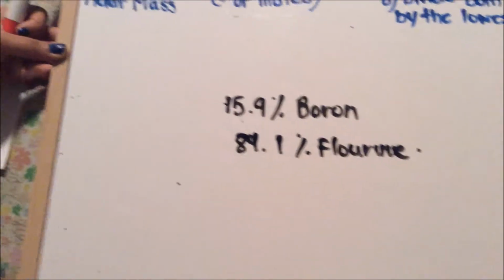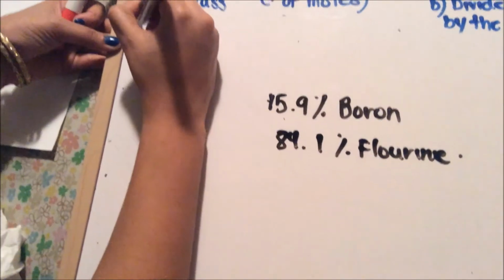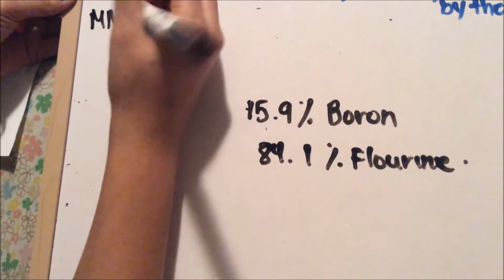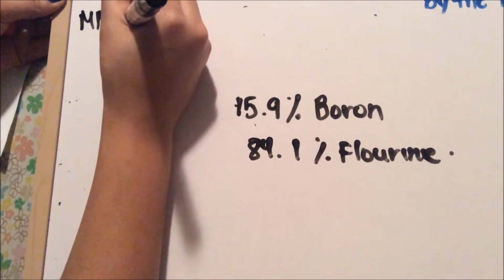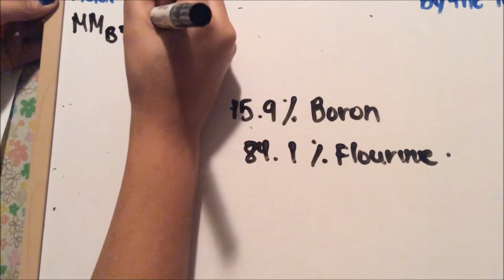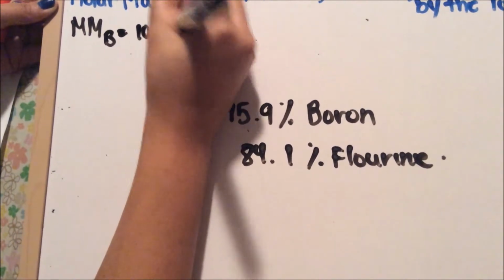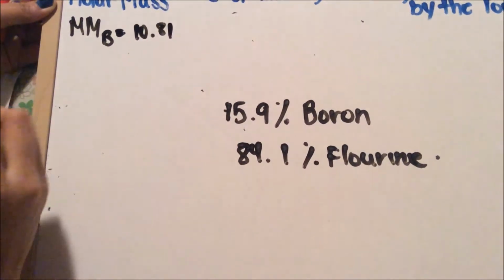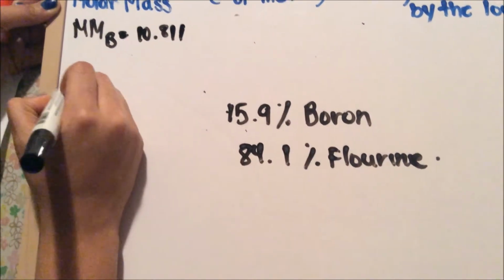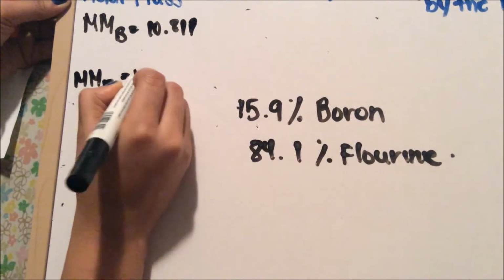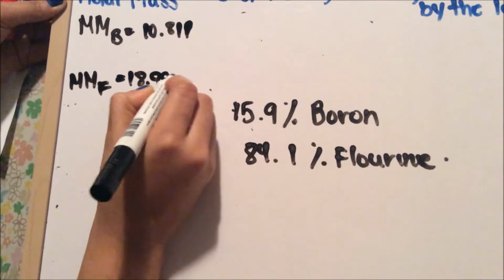So same thing, molar mass of each, and the molar mass for boron is 10.811. And then the molar mass for fluorine is 18.99840.